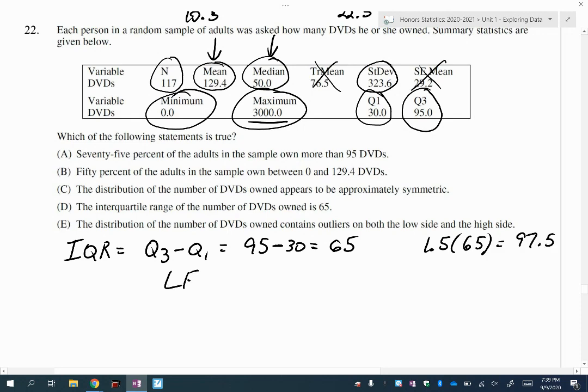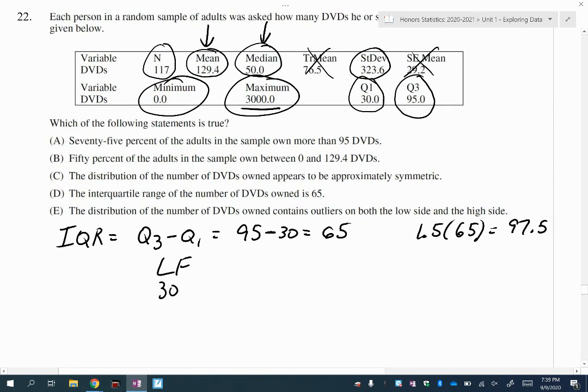And then I have my lower fence, which is going to be 30 minus 97.5, and my upper fence, which is 95 plus 97.5. Now, when you do this, in the lower fence you'll notice it's a negative number. 30 minus 97.5 is negative 67.5. We can't have any data values below zero.